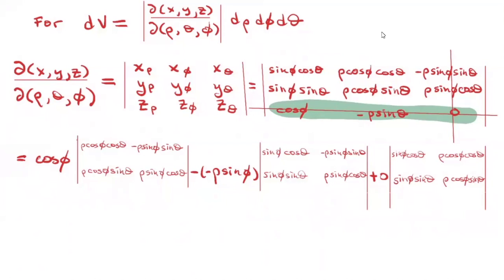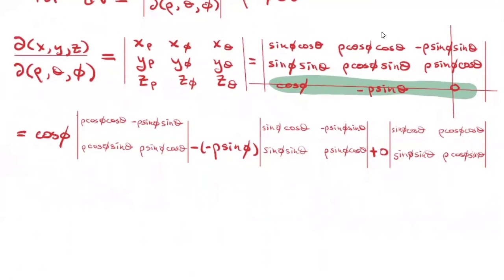Okay, so we're going to be as clever as we can as we go through this. Here goes. I got the cos phi, and then inside here, I'm going to have a rho square sine phi cos square theta.